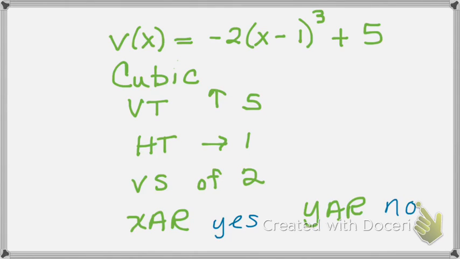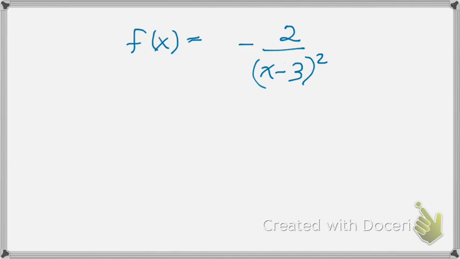Okay, let's do a reciprocal because sometimes they're hard to see, or volcano. Let's say I have f of x is equal to negative 2 over the quantity x minus 3 squared plus 5. So what is the name of my function?